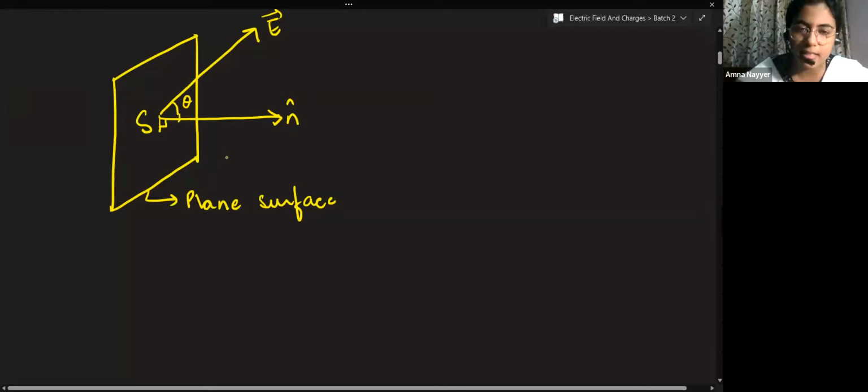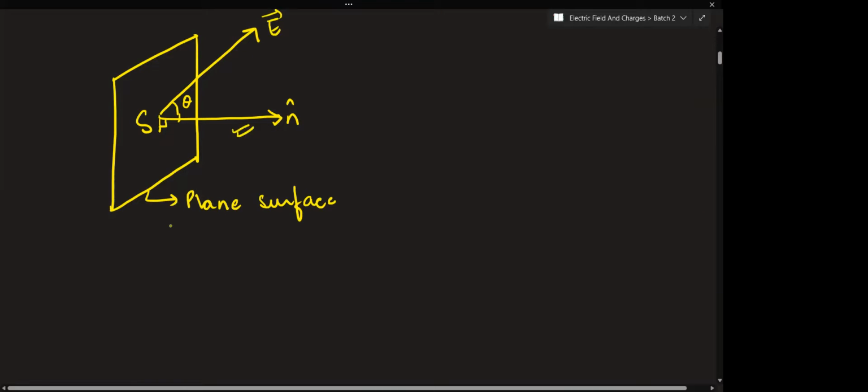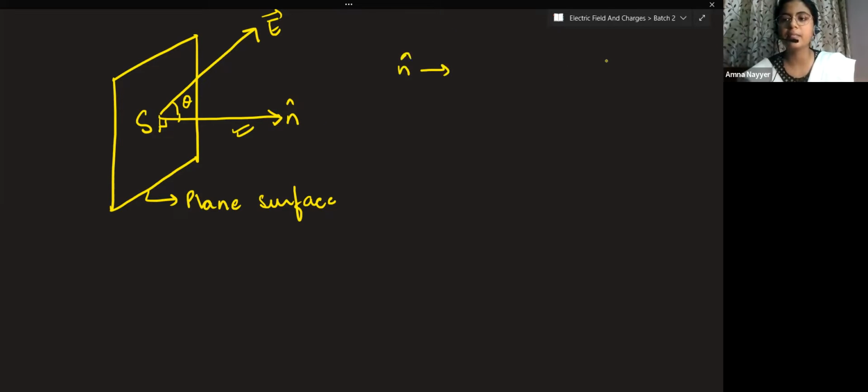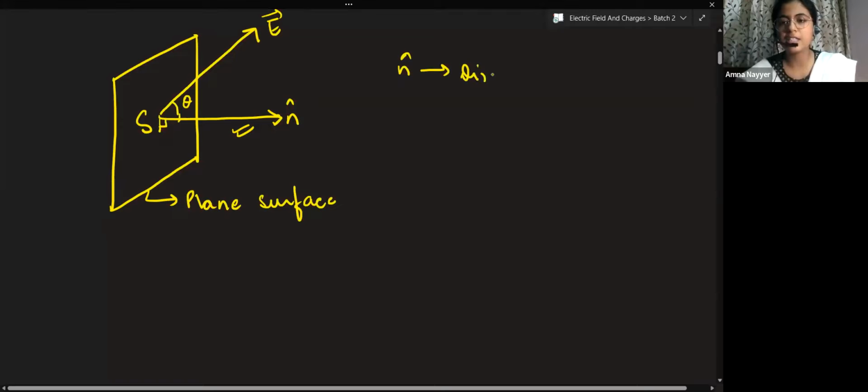So can this electric field line be considered now? Yes. So see, this is the direction of the area vector. This n cap which I have written is basically the direction of the area vector.